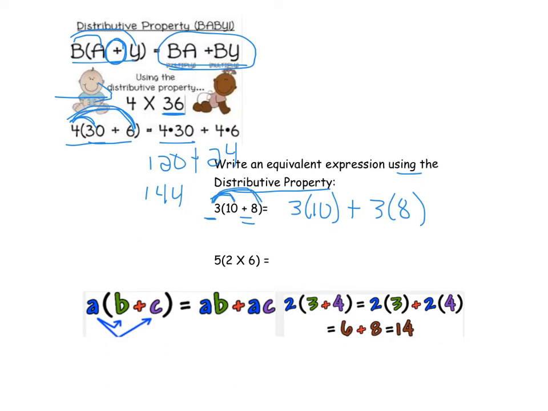This next one, as I was talking, I noticed I made an arithmetic error when I was typing this up, or a typo, because if you notice, this right here is not a sum or a difference. So this would just be like 5 times 2 times 6. You could use the commutative property, or you could use the associative property, but the distributive property would not work because it only works if there's a sum or a difference.